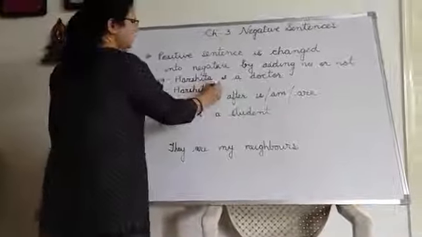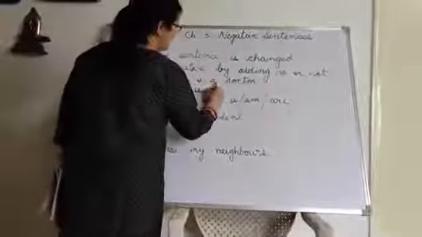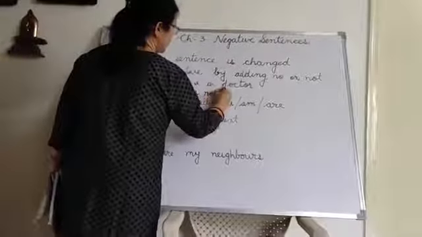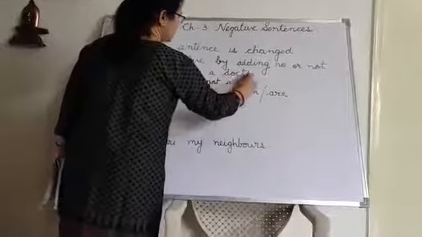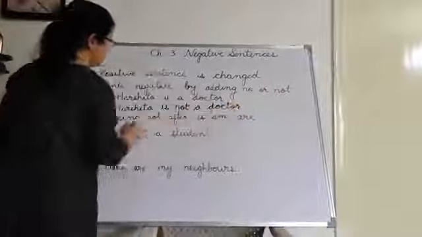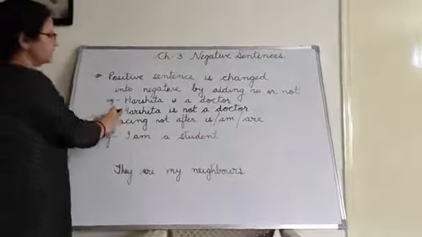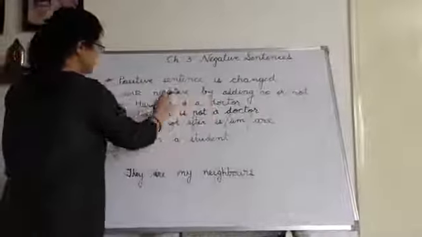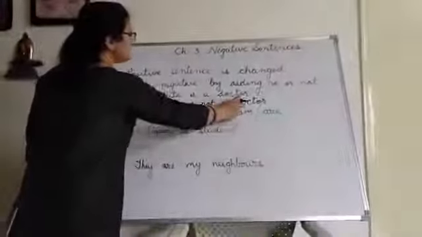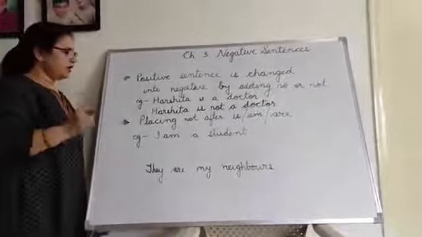Harshita is, and then after the helping word you will write this negative word: is not a doctor. Now in this way you have changed one positive sentence into a negative sentence. Harshita is a doctor. Harshita is not a doctor.